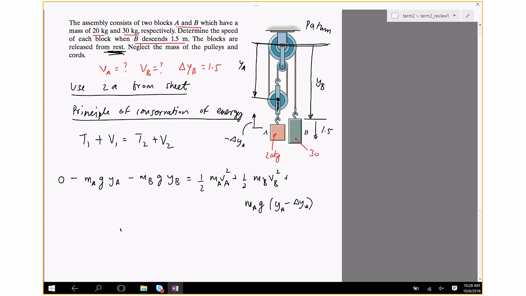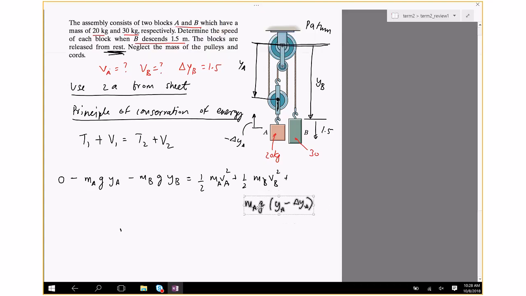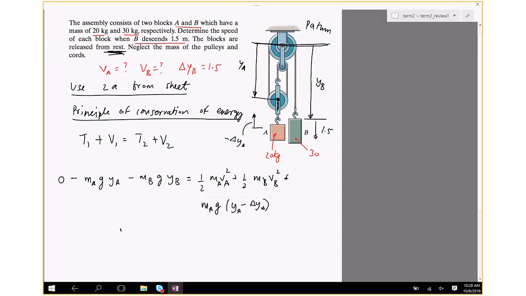Because the distance has decreased by delta y_A. And then for B, it's going to be m_B g (y_B plus 1.5). This is delta y_B.